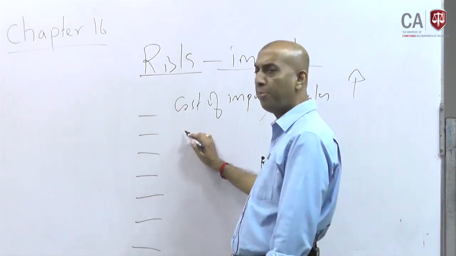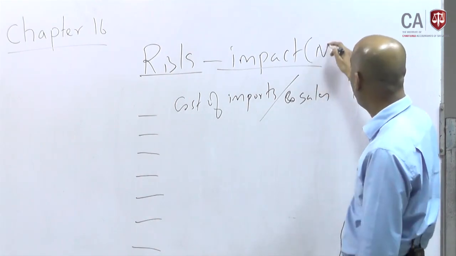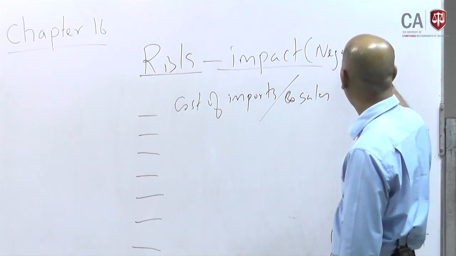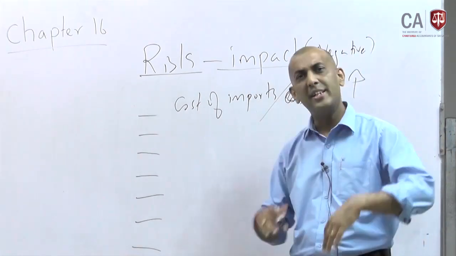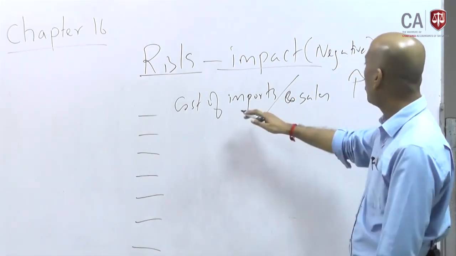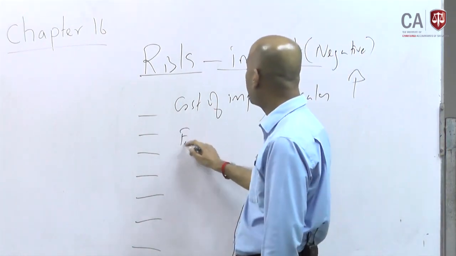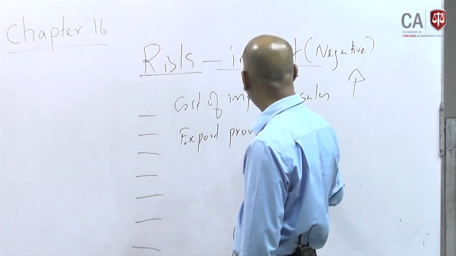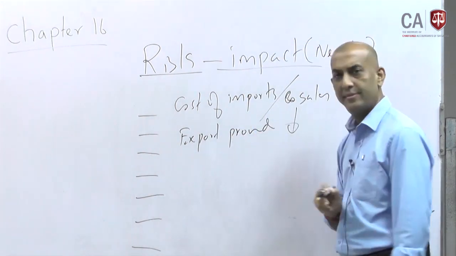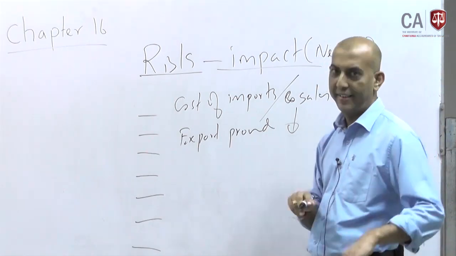If you are going to export, I am talking about the adverse, negative impact. You can think of the positive side also, but risk is always about the negative side. Like cost of imports and sales going up, export proceeds can come down. If the Sri Lankan rupee is depreciating, you are gaining.